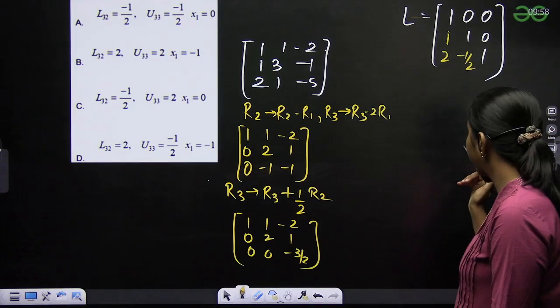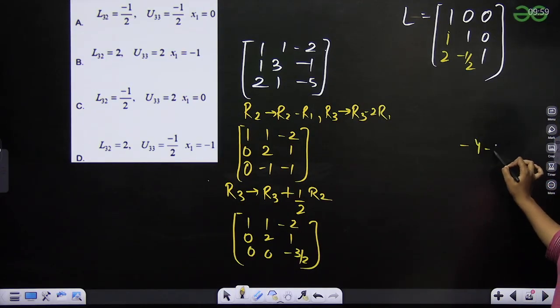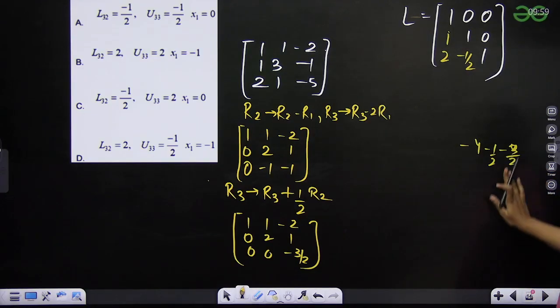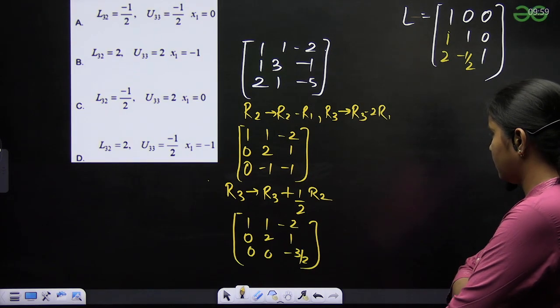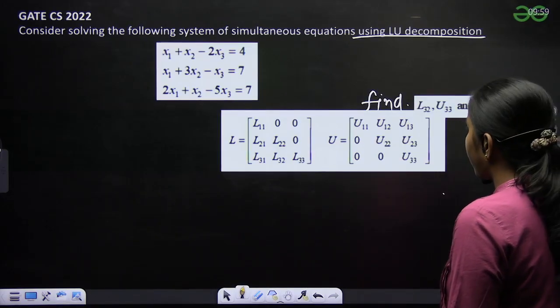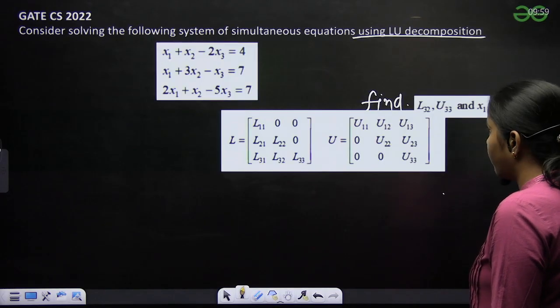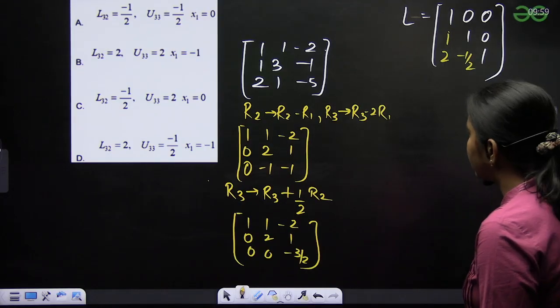Minus 2 plus 1, that would be minus 1. I have row reduced it: R2 minus R1.